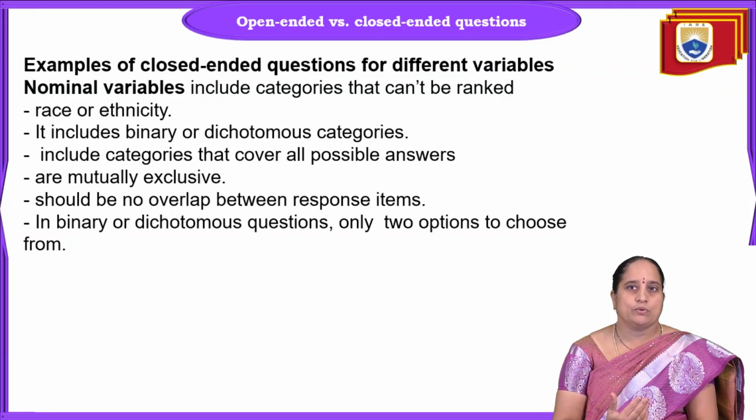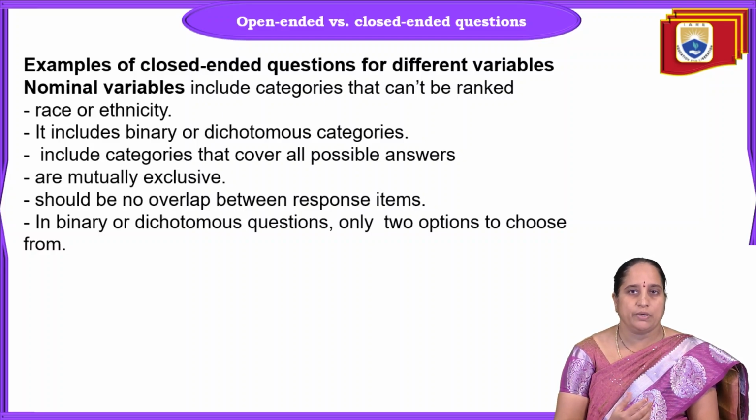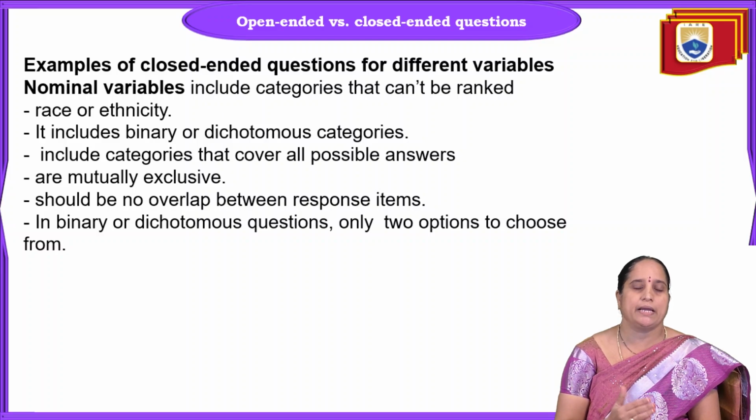And examples of closed-ended questions for different variables. First, nominal variables include categories that can't be ranked. Whenever you are categorizing the variables into different categories, it may not be possible to prioritize and rank those categories.